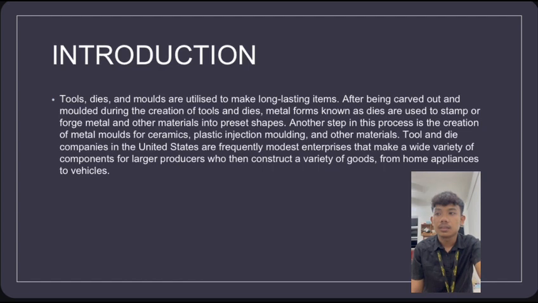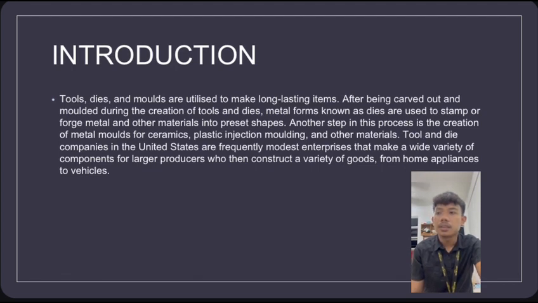Introduction. Tool, dies and mold are utilized to make long-lasting items. After being carved out and molded during the creation of tool and dies, metal forms known as dies are used to stamp or forge metal and other materials into precise shapes.